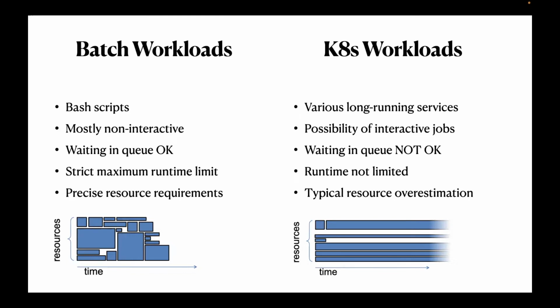On the other side, in the batch world, workloads require specifying a maximum runtime limit and also resource requirements, and without that, your job is not submitted. And if you use more than you requested, your job is terminated.